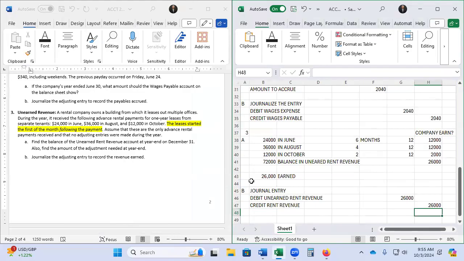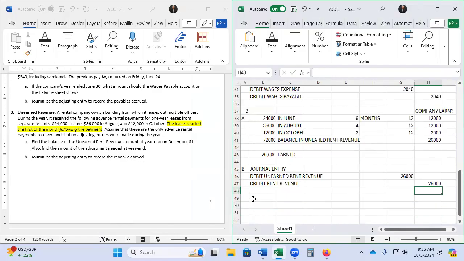Right. Correct. Sorry, I didn't go to that last step. So if 26,000 is earned, we have 72,000, we subtract 26,000, and so 46,000 is the balance at end of period.